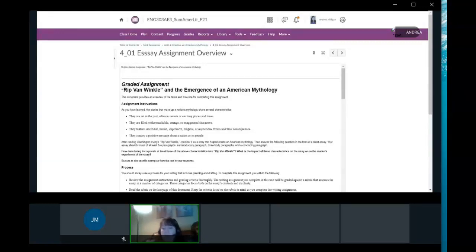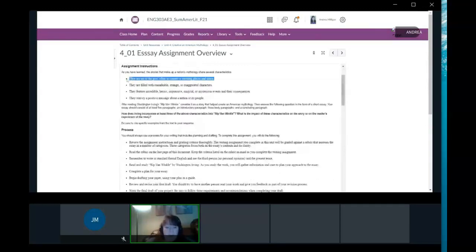Okay, so what it's telling you is they're talking about the emergence of the American mythology, right? And if you look at it, it tells you here are some things that you should have learned in the unit. Okay, it says a nation's mythology shares several characteristics.